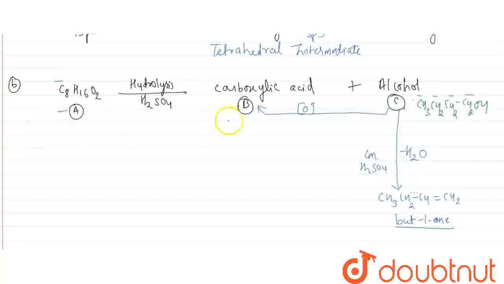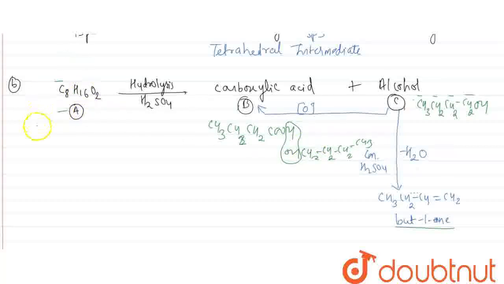Now, if the alcohol is of 4 carbon, the carboxylic acid will also be of 4 carbon, and so its structure will be CH3, CH2, CH2, COOH, and the alcohol is CH2, CH2, CH2, CH3 with OH. The H and OH will be removed and it will form the ester.